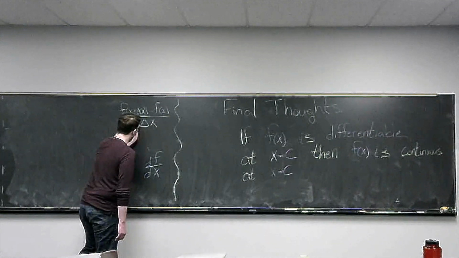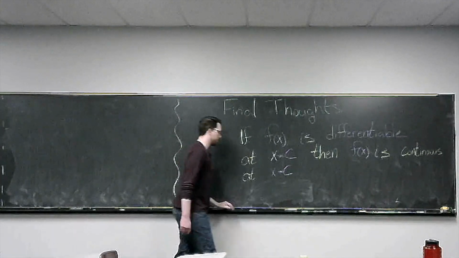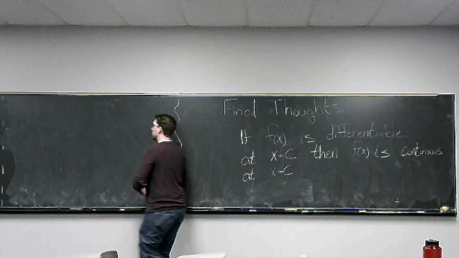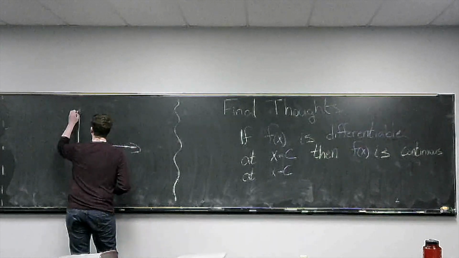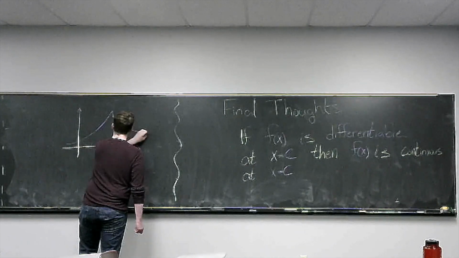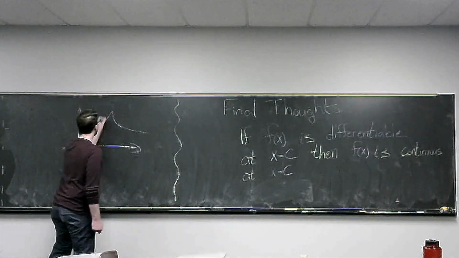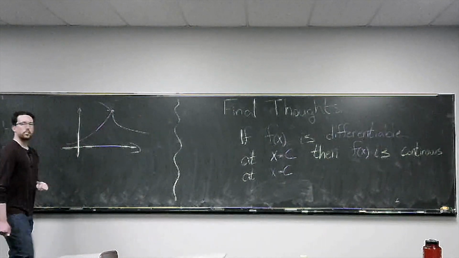If a function has a cusp, it's just not differentiable there. So something like this. This function would fail to be differentiable right here, because it's a cusp.